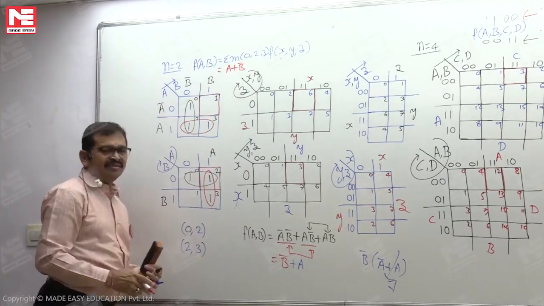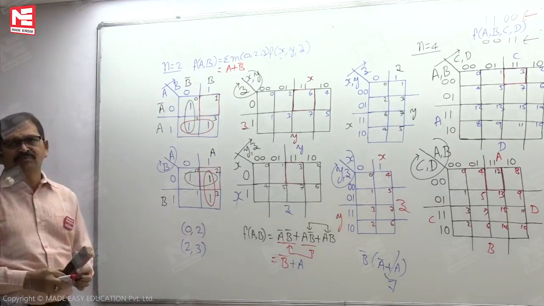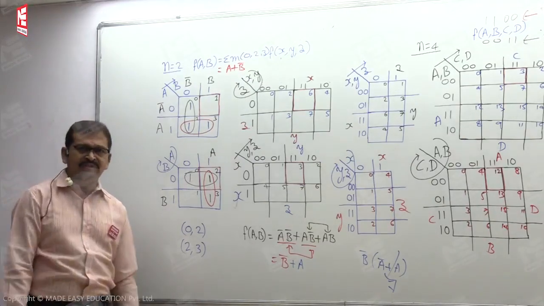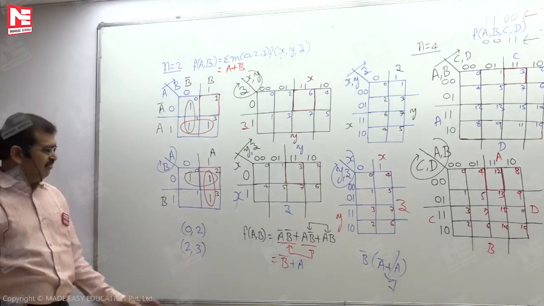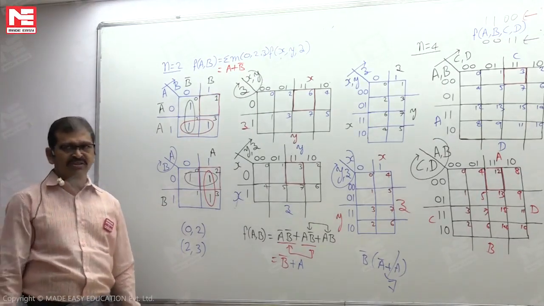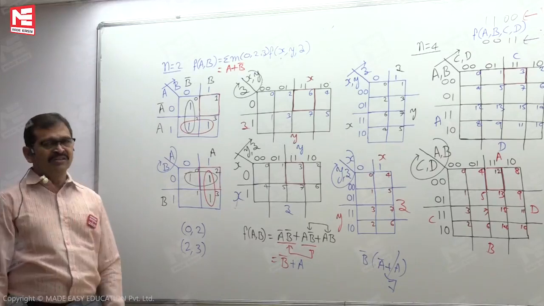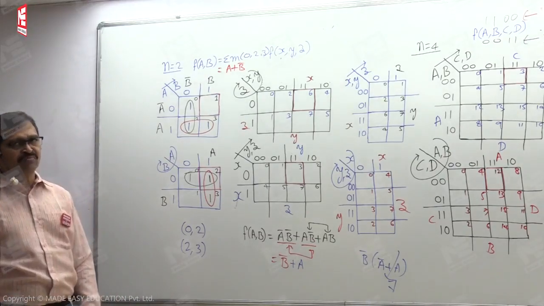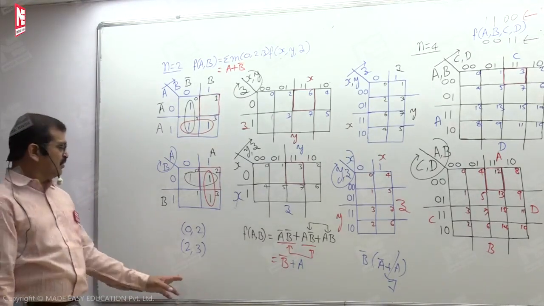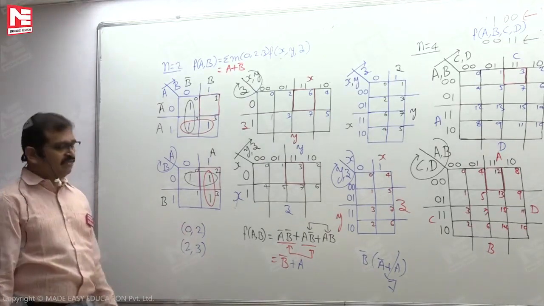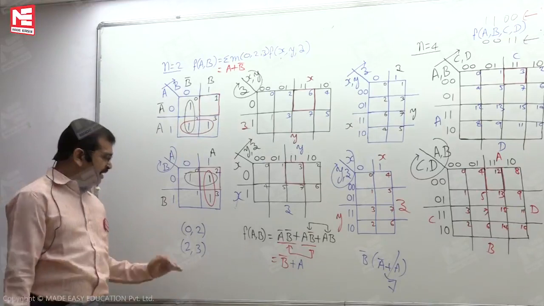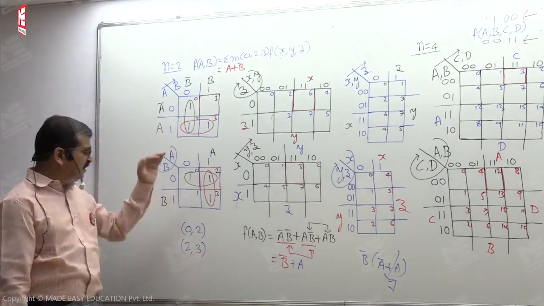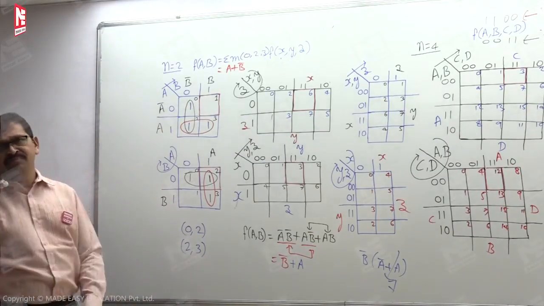Like this, we go on marking the subcubes until we cover all the cells with a function output of 1. With these two subcubes, we have coverage of all the cells. Then as far as the marking of the subcubes is concerned, it is a terminal step on this function.